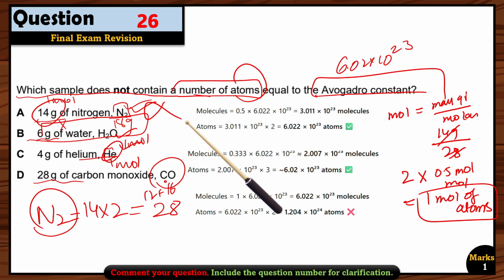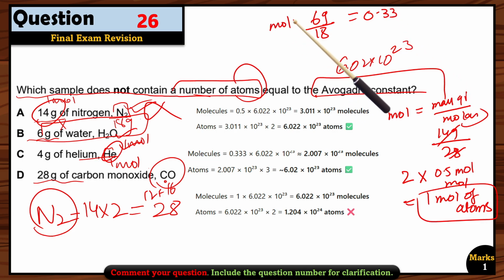Now let's see water. Water's mass is 6 grams, and the molar mass is 18 grams. So the answer is 0.33. Water has 0.33 moles of molecules, not atoms. Now let's see how many atoms it has: 1, 2, 3.